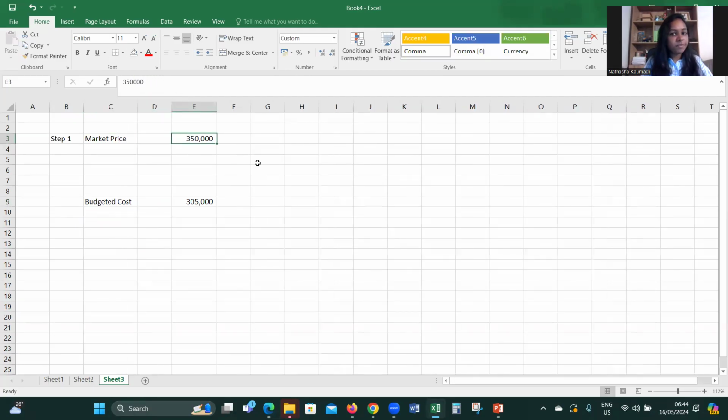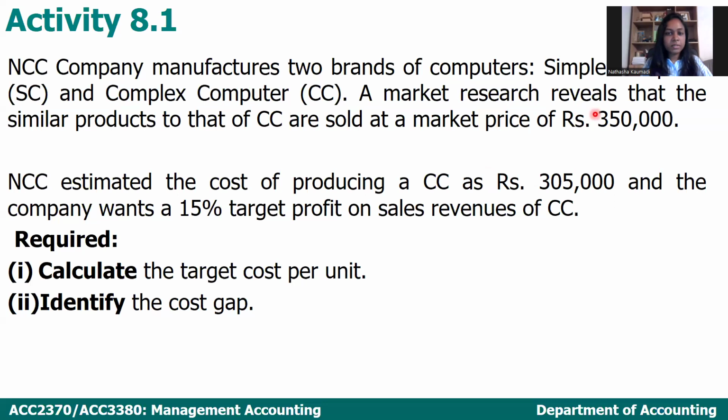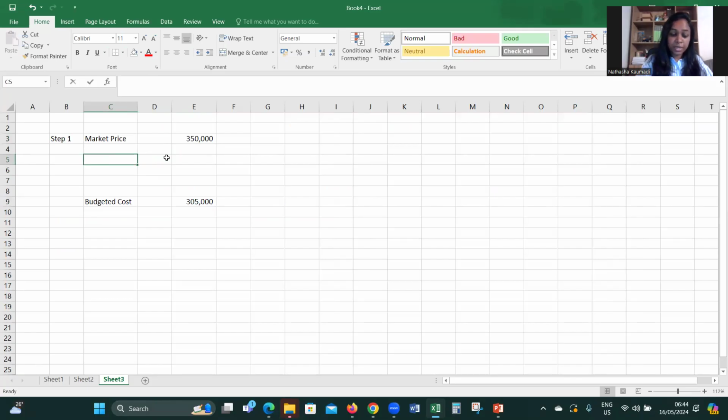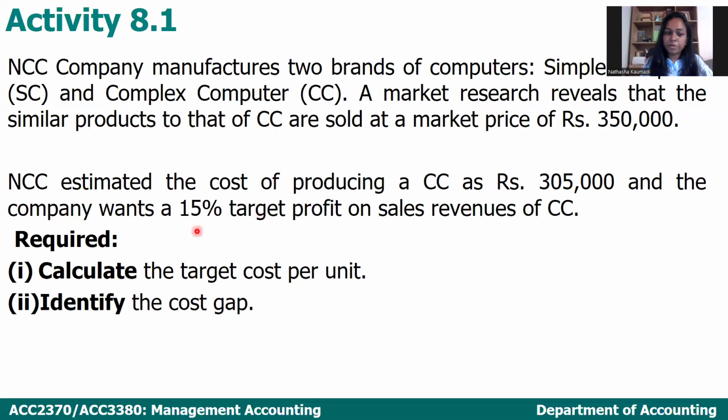That is 350, because in the market, the price is 350. Then you need to see the target profit margin and take the target cost. Now, what is the target cost? If my selling price is 350 and I want a profit markup of 15%, then what should be my target cost?